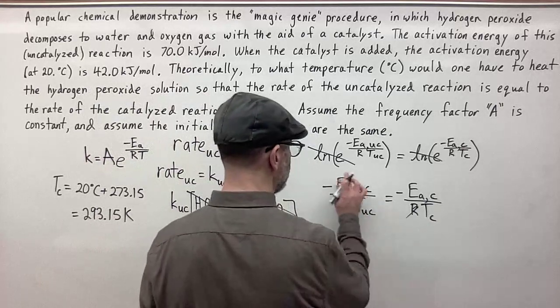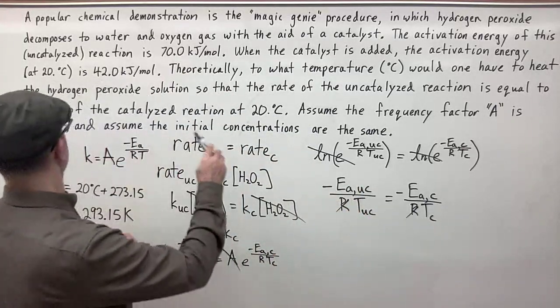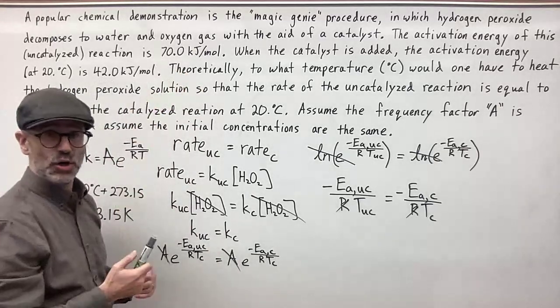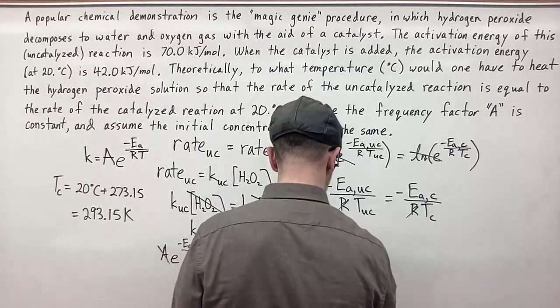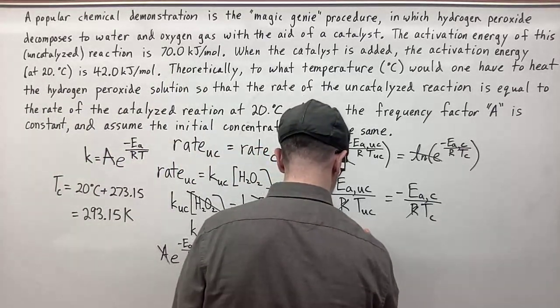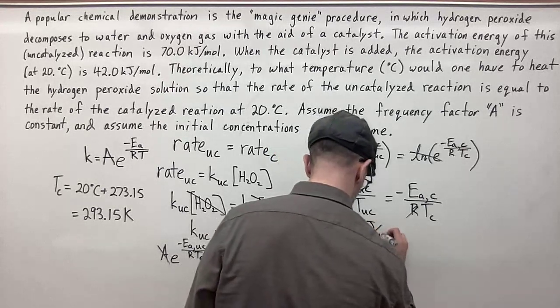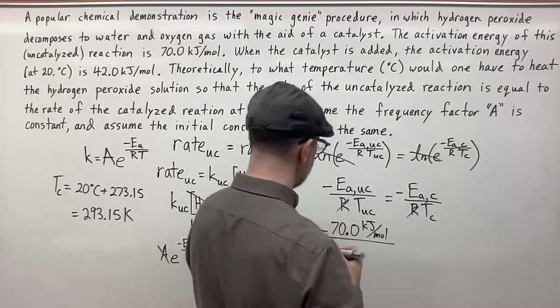So the uncatalyzed activation energy, we're told, where is it? So the uncatalyzed activation energy is 70.0 kilojoules per mole. So we'll put that in. So we have negative 70.0 kilojoules per mole divided by the temperature of the uncatalyzed reaction.